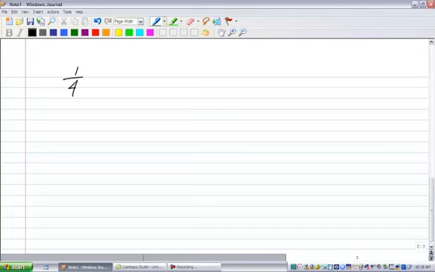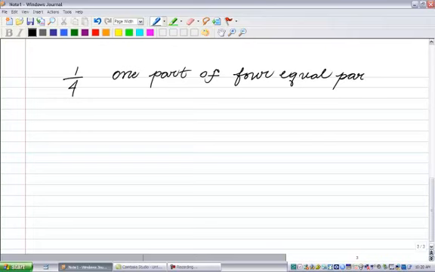So one interpretation of this is that you take one part of 4 equal parts of one whole object. We're going to talk about the percentages and all later.